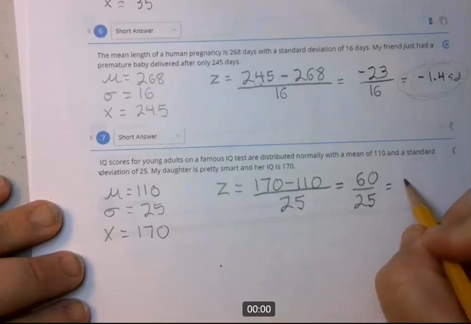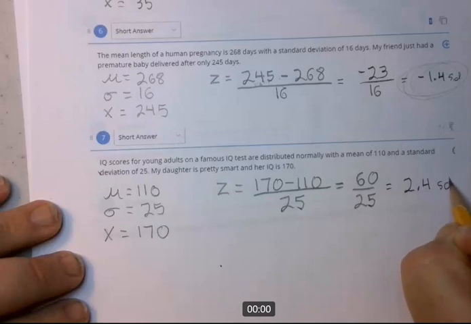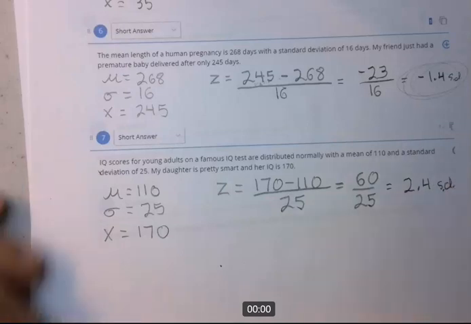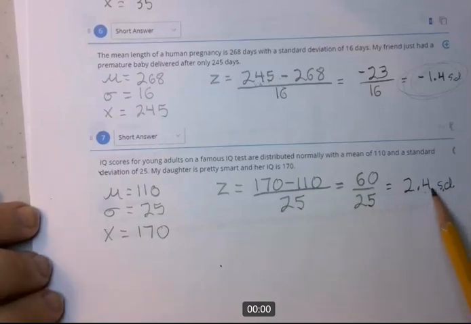Okay, and that's going to equal 2.4 standard deviations above the mean. So that means that person is somewhere between 95 and 99.7. So that person's above about 97 or 98% of all people in terms of the IQ score.